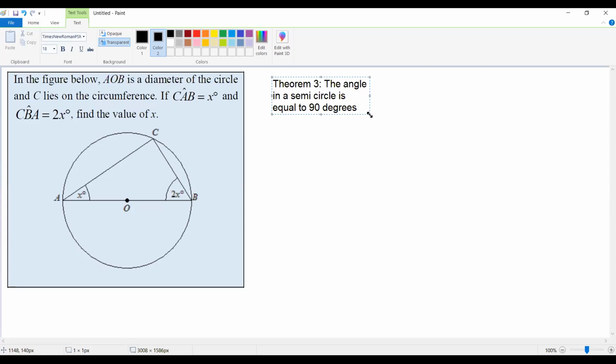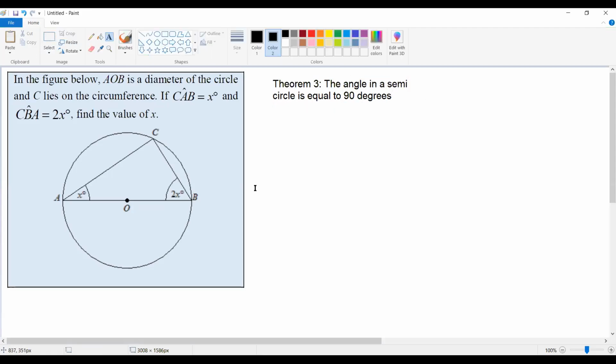And clearly we can see in this circle here we have a semicircle, because this line here cuts the circle directly in half, so we have a semicircle, right? So the angle in a semicircle is equal to 90 degrees if it touches the circumference here, right?